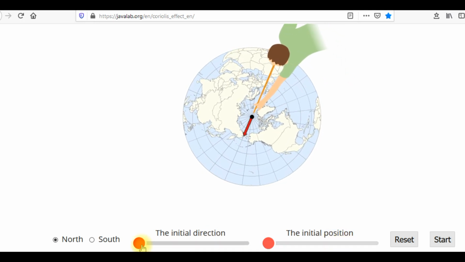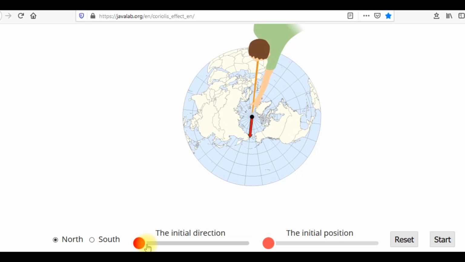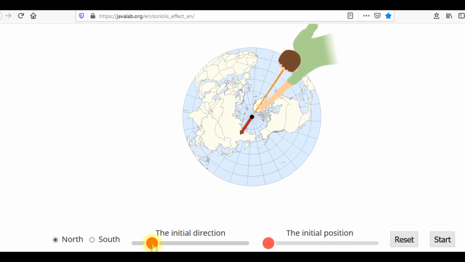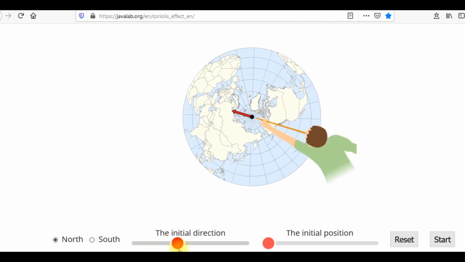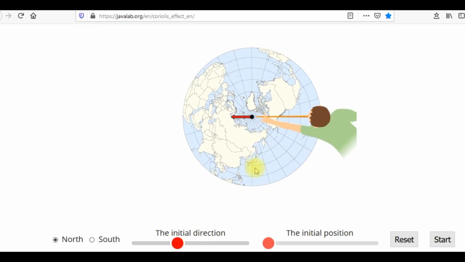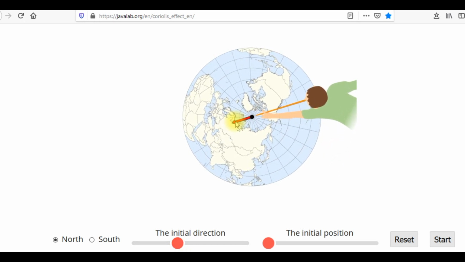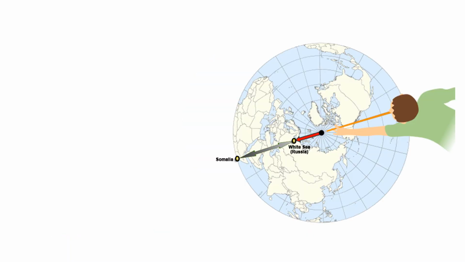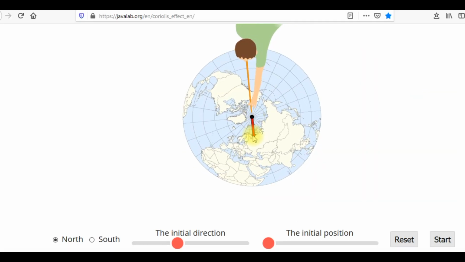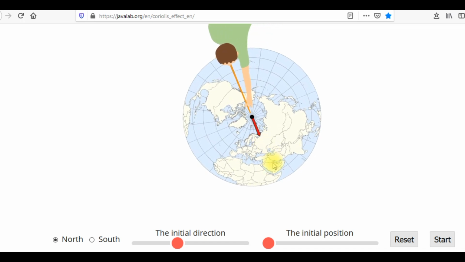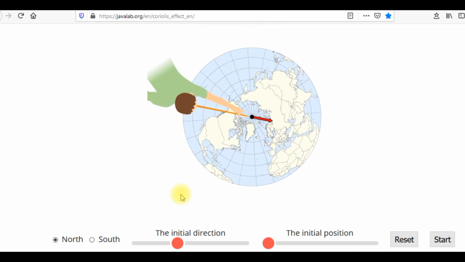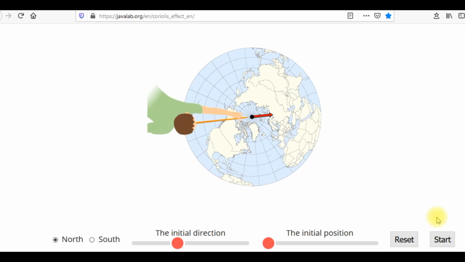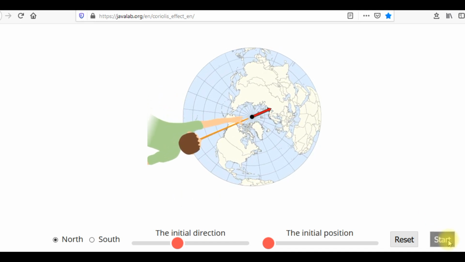I'm going to point this guy, let's say, to a flight going from right here. This flight is leaving the north of Russia right here down to what it is here, Somalia. So this airplane is taking off from here on a spinning ball Earth. So all we have to do is play start and see what's going to happen.